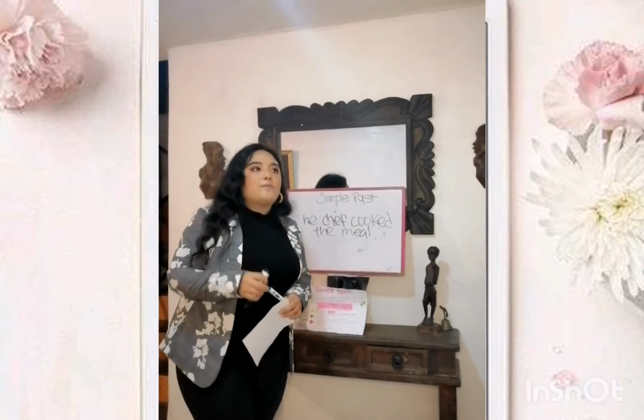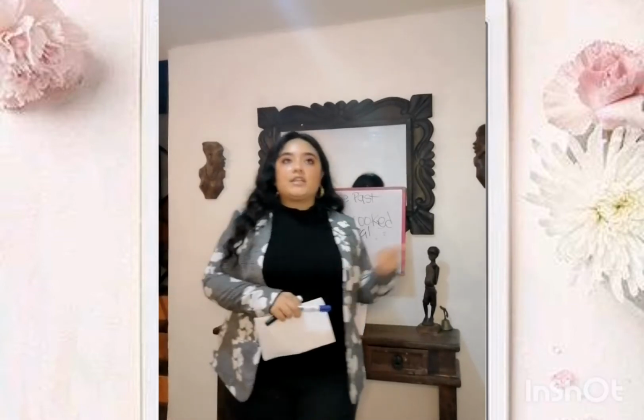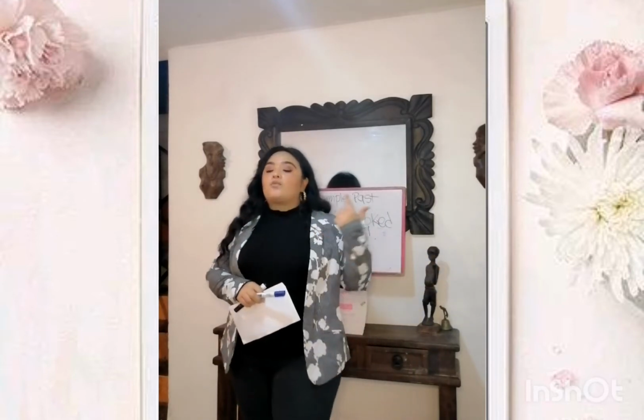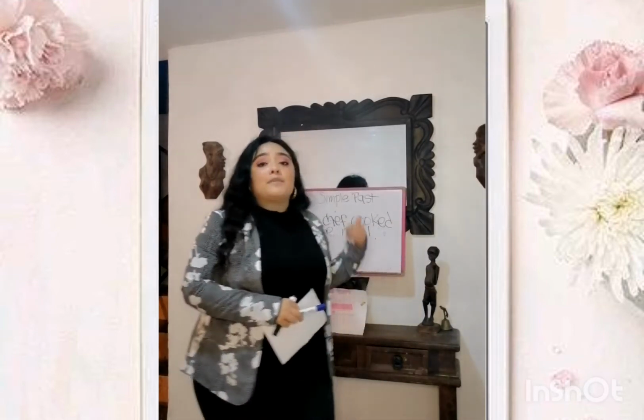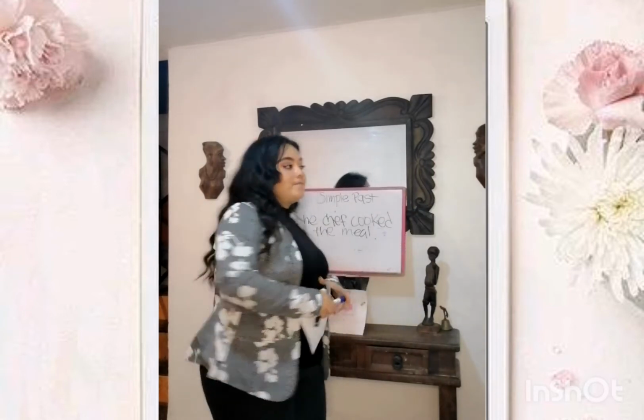As you know, in simple past we have the positive sentence, the negative sentence, and the interrogative sentence. This is a positive sentence. Now I'm gonna give you an example with the negative sentence and interrogative sentence, okay?